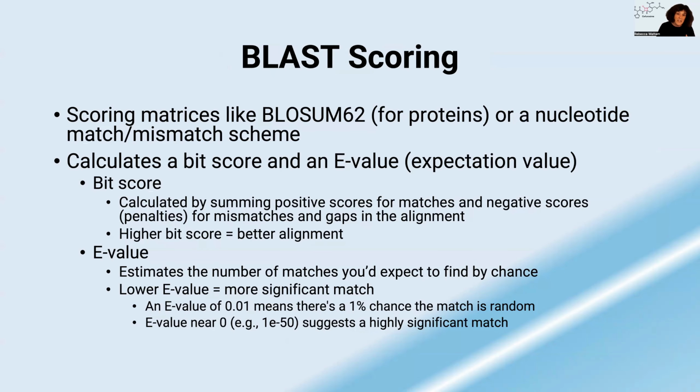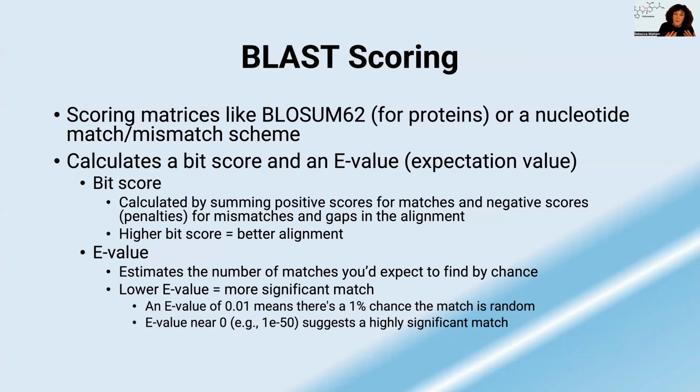The bit score is just looking at the matches, which get a positive score, and mismatches or gaps, which get a negative score, and it sums those. With the bit score, a higher score means a better alignment. That's in contrast to the E value, which is estimating the number of matches you'd expect to find by chance. In this case, a lower E value means a more significant match.